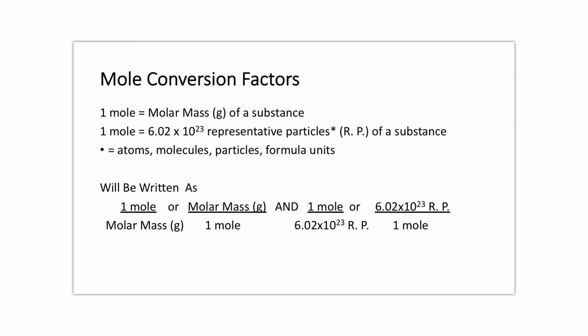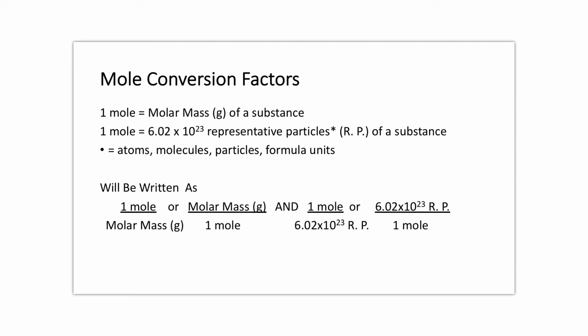All right. Now we can always write it a bunch of different ways. 1 mole over the molar mass is equal to 1 molar mass over 1 mole. The same dimension. 1 mole equals this number of grams of something. Therefore, this number of grams of something also equals 1 mole. So they're the same. They're just inverted, right? And then also 1 mole is equal to this number of particles, and this number of particles is also equal to 1 mole.